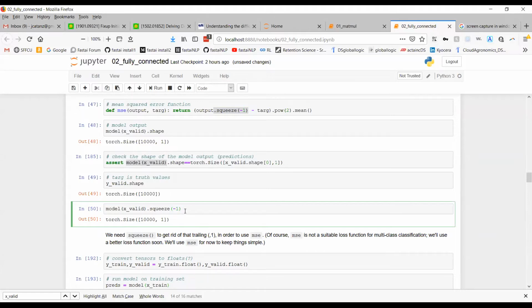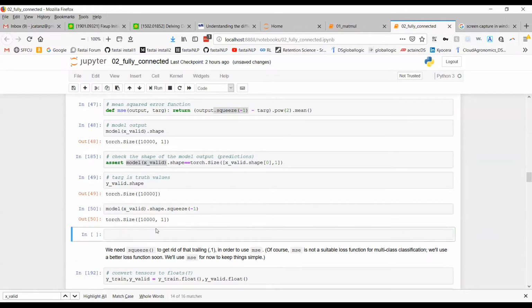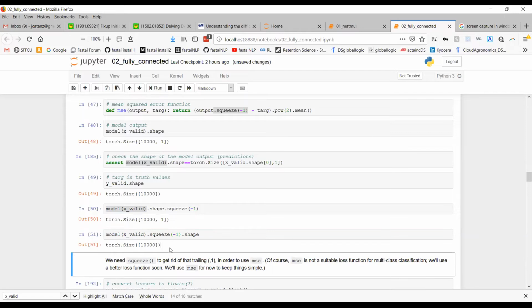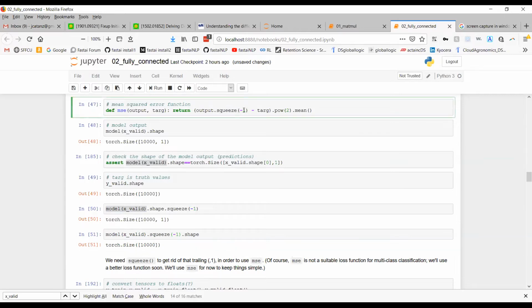I'm going to put another cell below and check its shape, in other words, that by using this squeeze of -1, we effectively remove that trailing 1. And there it is. So now output dot squeeze of -1 in the function here is the right shape so that you can subtract targ from it. Because remember, targ has this shape of 10,000.